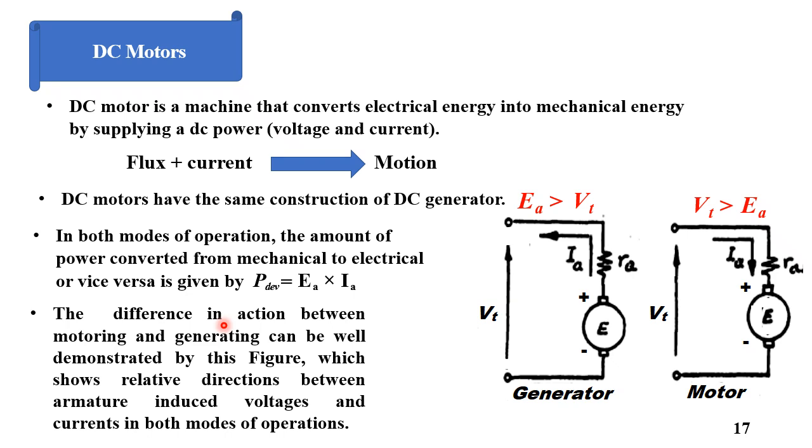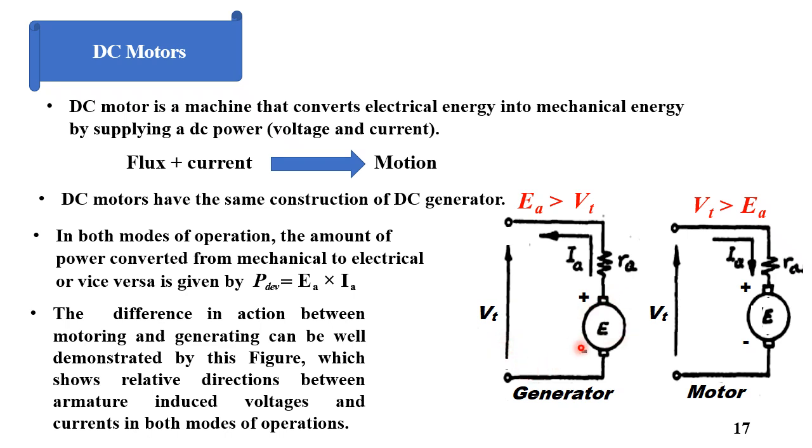To understand the difference in action between motoring and generating, this can be well demonstrated by the two figures shown here. For the generator, the back-induced EMF EA is the source of the current, where IA is originating from the back-induced EMF EA to the outside circuit, which is the V terminal or the electrical load.